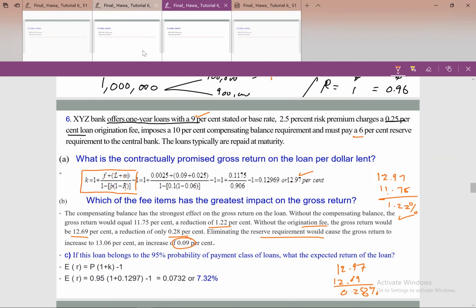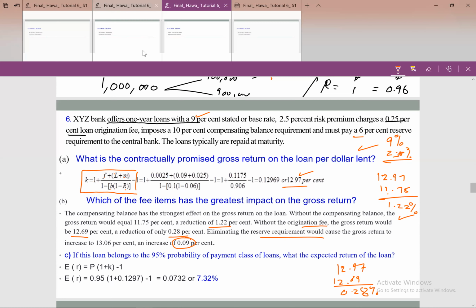What you know is they will tell you that they are charging a basic lending rate of, like here, 9%, and a premium of 2.5%. Maybe they will tell you about the fees, but the rest of the things you don't know. So you have to be careful how much they charge in fees, because this is contractual, this is the nominal rate. The rate which you will pay is different, and it's not in the contract.